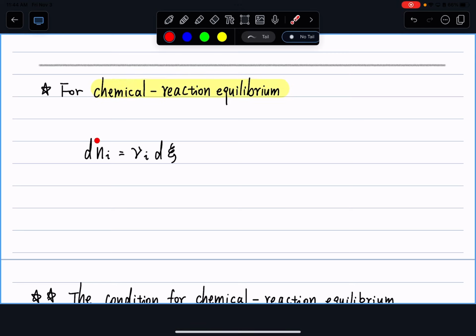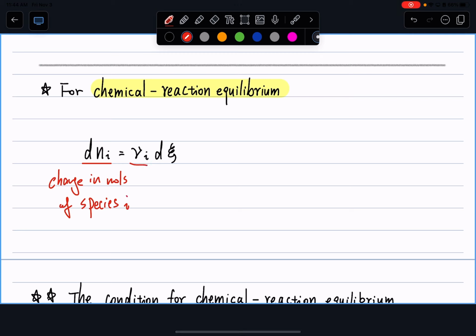So when we're talking about the change of number of mole of some substance in your chemical reaction, this term is what we care about. That's the change in moles of species I. And in here, we have the stoichiometry coefficient.